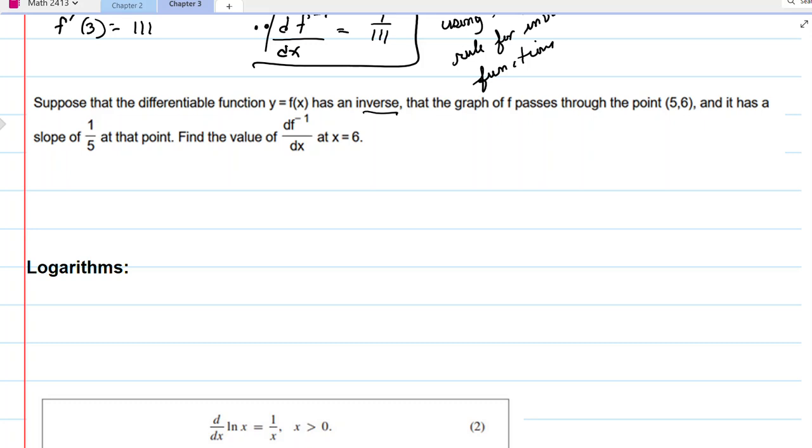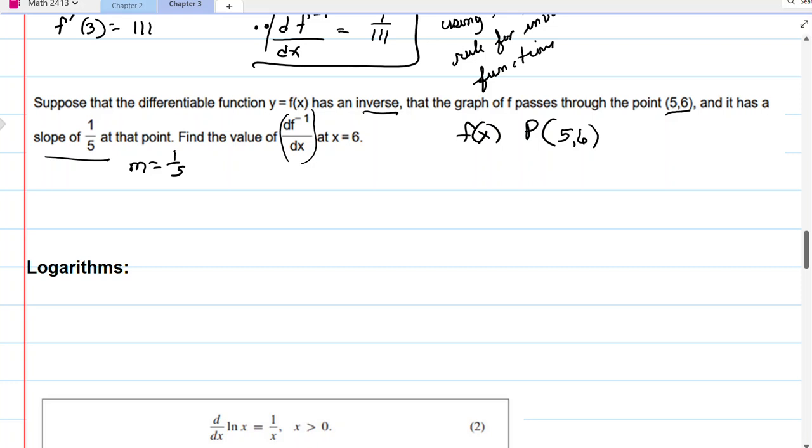And that the graph of f passes through the point (5, 6), and it has a slope, m equals 1/5 at that point. Find the value of f inverse derivative at x equals 6.